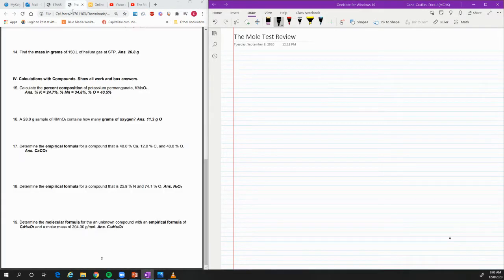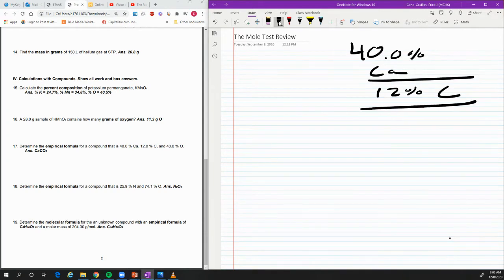Number 17 says, determine the empirical formula for a compound that is, let's write that down, 40.0% calcium, 12% carbon, and 48% oxygen.